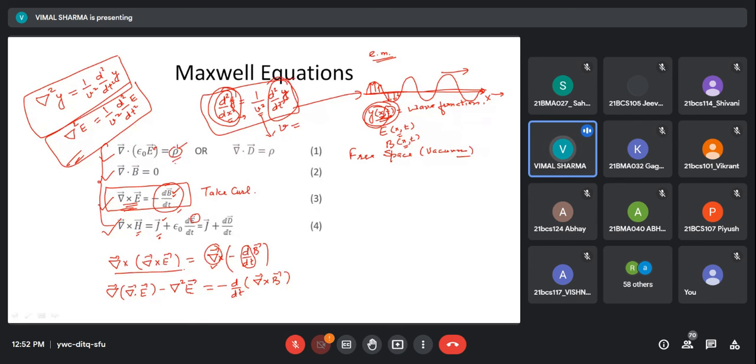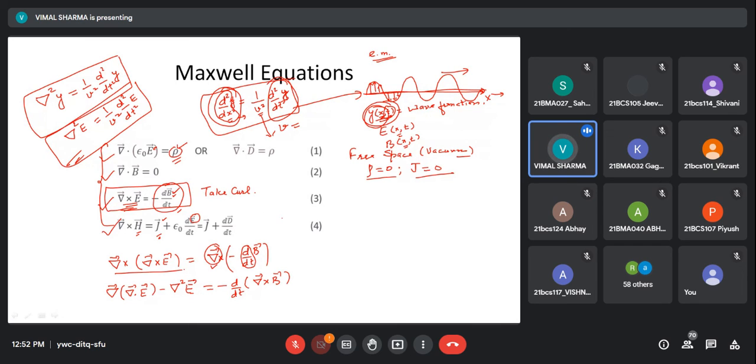If I have vacuum, it means nothing is present: rho is zero, no charge density. Displacement current will be there, but there will be no conduction current and no conduction current density. So these two will be zero. No charge is flowing.